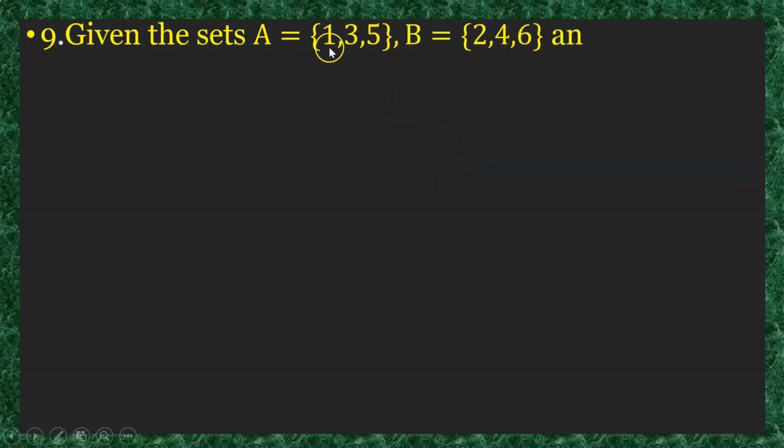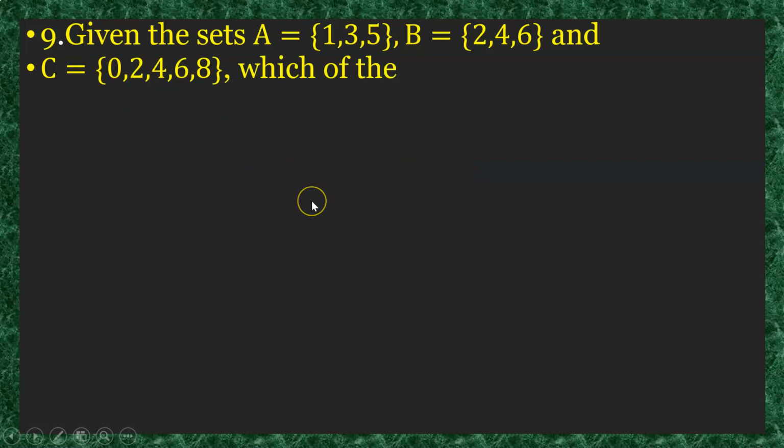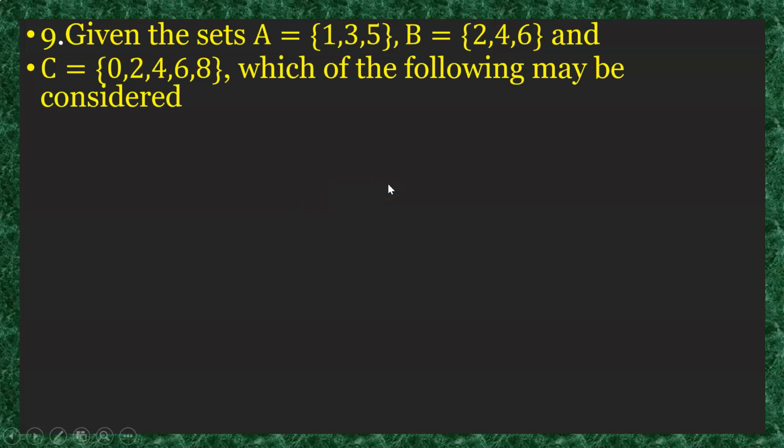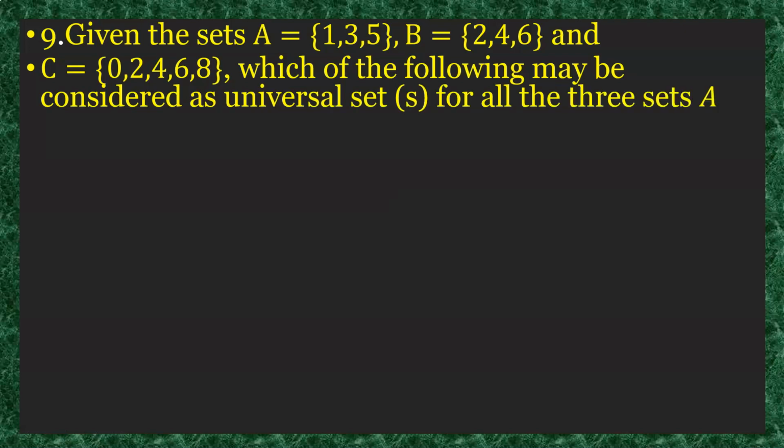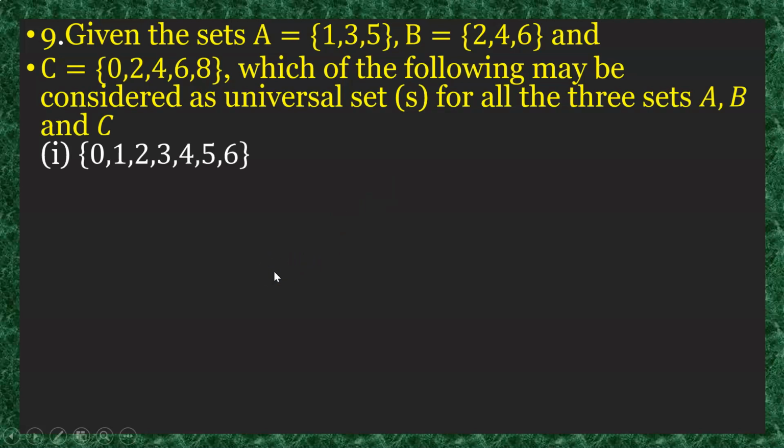Next is question number 9. Given set A is 1, 3, 5 and B is 2, 4, 6 and C is 0, 2, 4, 6, 8. Which of the following may be considered as a universal set for all the three sets A, B and C? The first is 0, 1, 2, 3, 4, 5, 6.